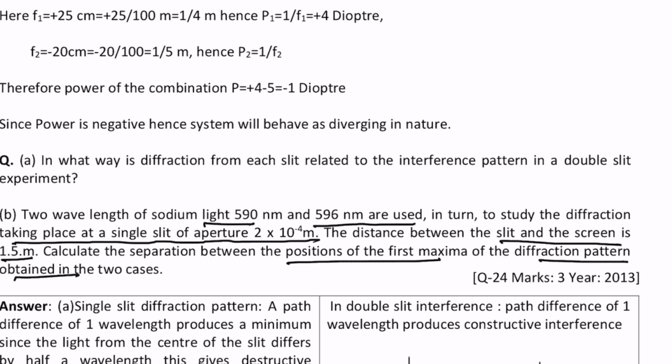So, draw this figure first. The condition of minima is y equal to m lambda D by d, and the condition for maxima here is m into lambda D by small d, in these two cases. This is the actual double slit interference pattern, and this is the diffraction pattern. These two figures you can also draw.